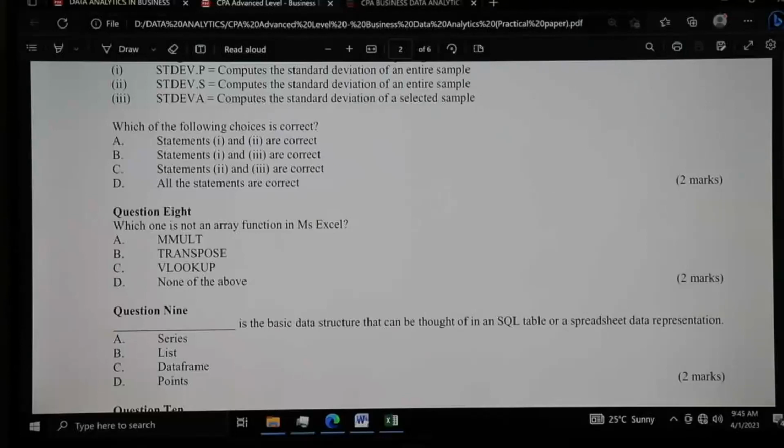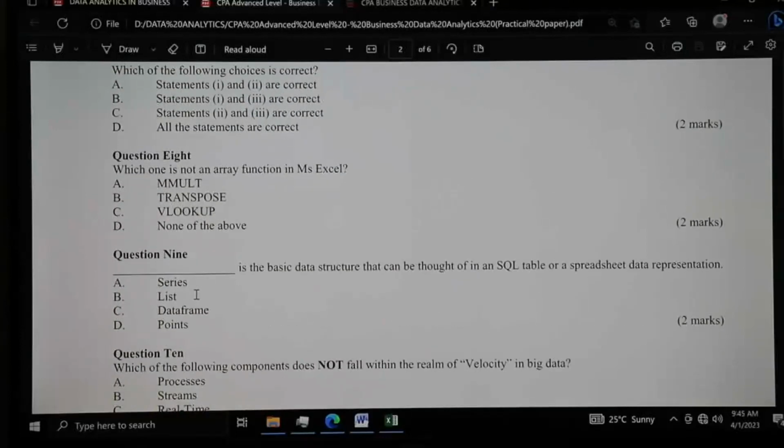Then we proceed. Question number 9: blank is the basic data structure that can be thought of in an SQL table or a spreadsheet data representation.